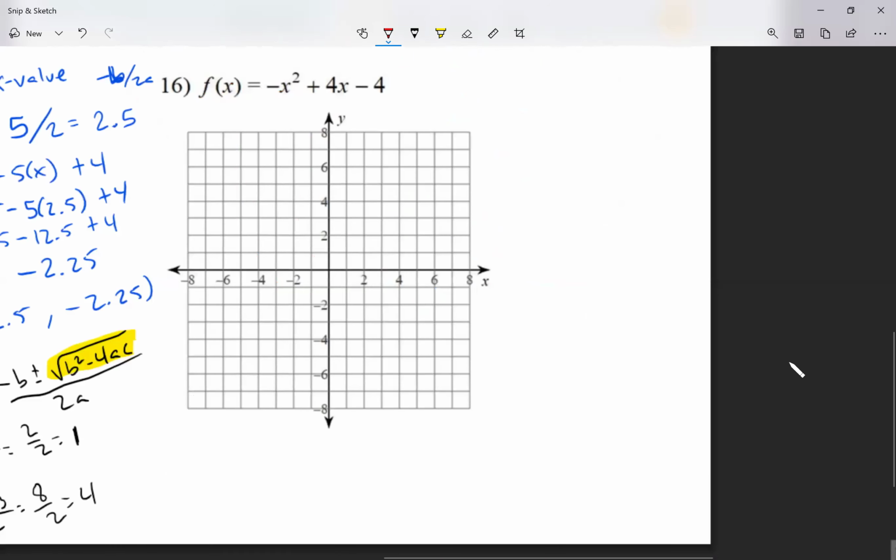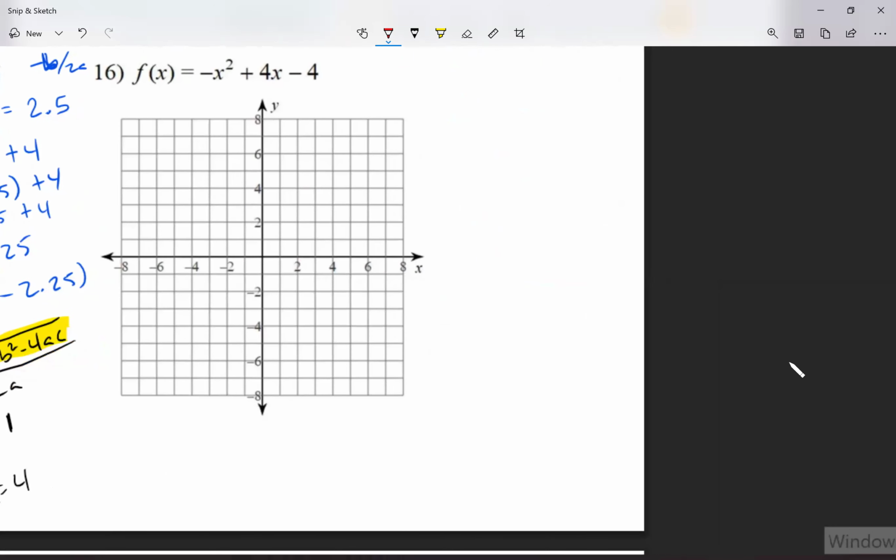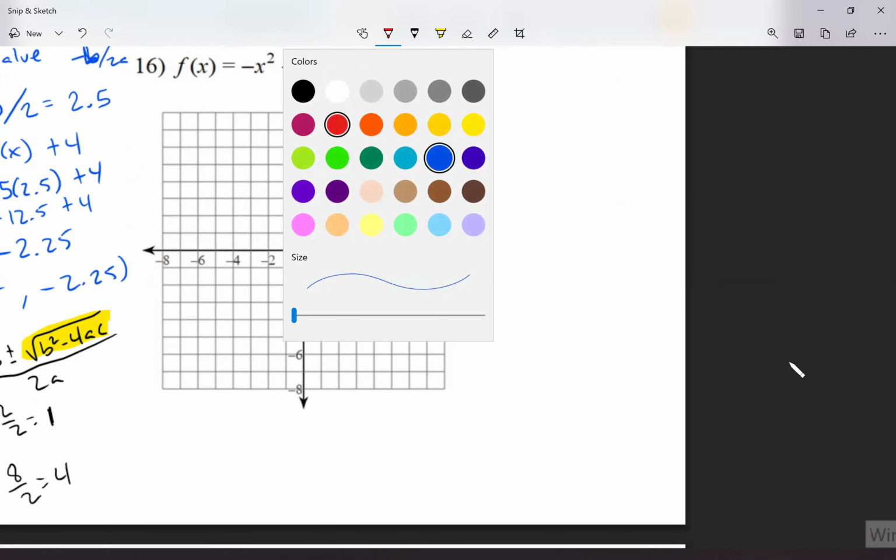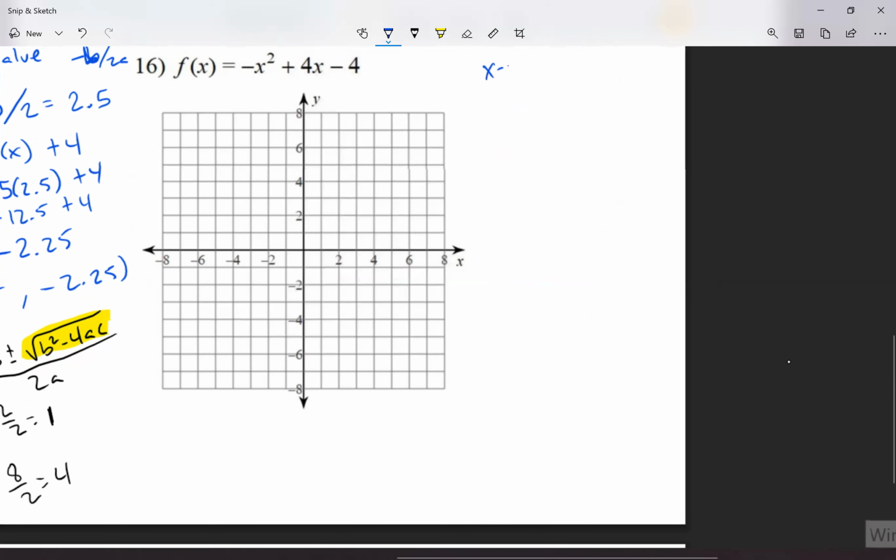Let's take a look at question number 16 here. So I'm going to find my vertex. And remember how for my x value, I have my formula negative b divided by 2a. Remember how my a here is negative 1, my b is 4, and my c is negative 4.